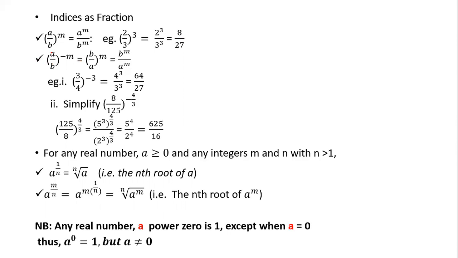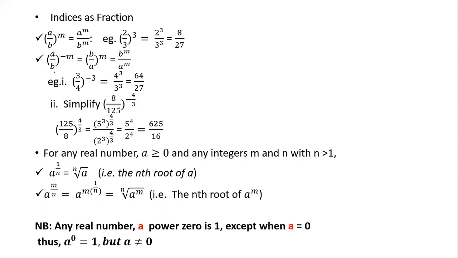Now, if you have A over B all power negative m, as we looked at before, if you want to get away with this negative sign, then we have to push this one down. It becomes 1 over A over B, and that will finally give us B over A power m.